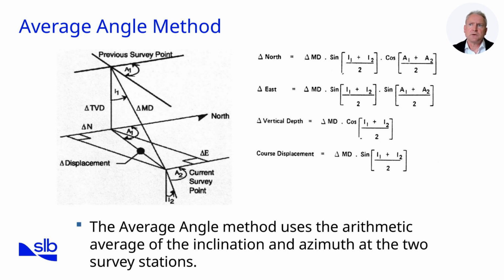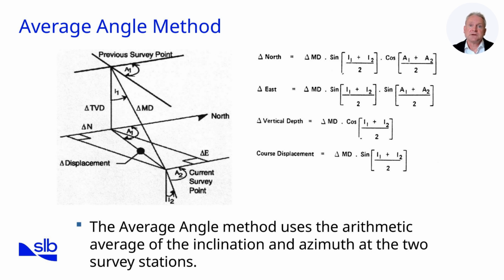While the average angle method is an improvement over the basic tangential method in terms of accuracy, it still assumes a straight line trajectory, which might not represent the actual curved nature of a borehole, especially in high dogleg severity sections. That said, it's still used in many field applications, particularly when processing historical data or in wells where trajectory changes are relatively mild.